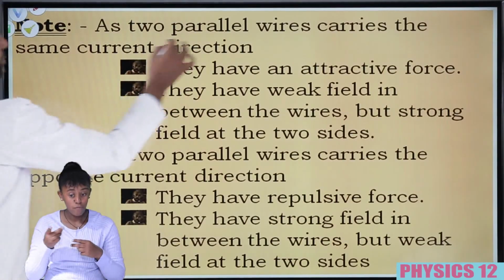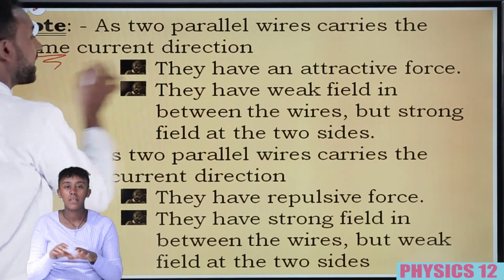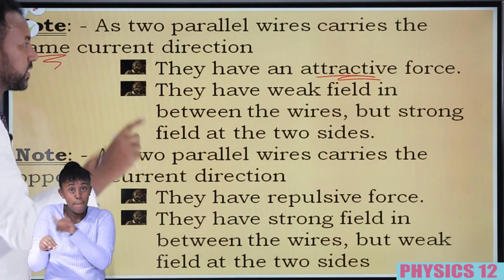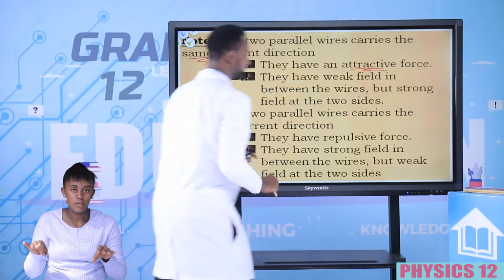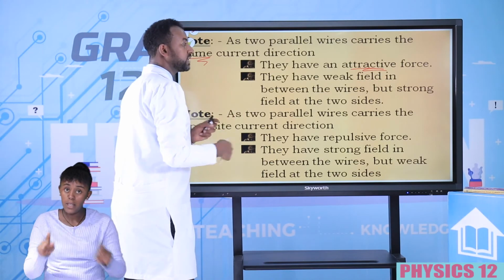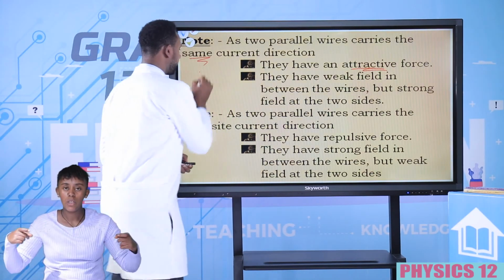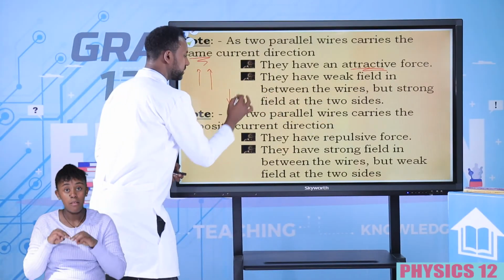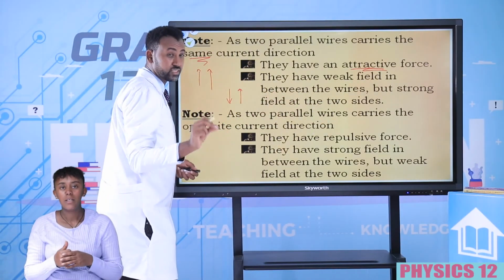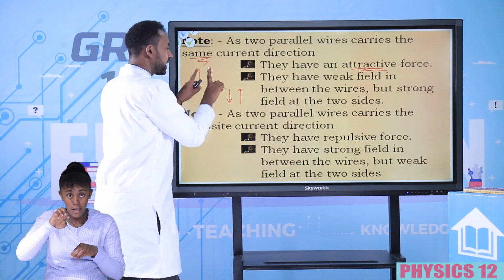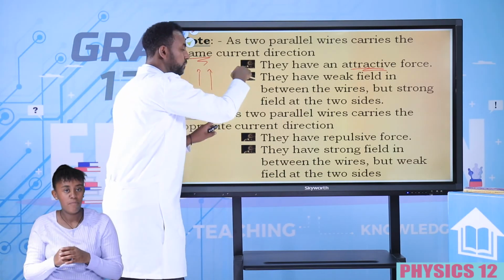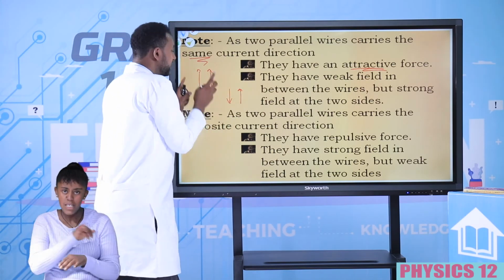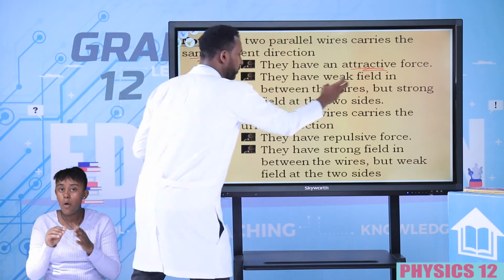When two parallel current carrying conductors have the same current direction, they have an attractive force. When they are opposite to one another, they have a repulsive force. Don't forget this: same current direction, attractive force; opposite current direction, repulsive force. When they have the same current direction, the field in between is weaker.